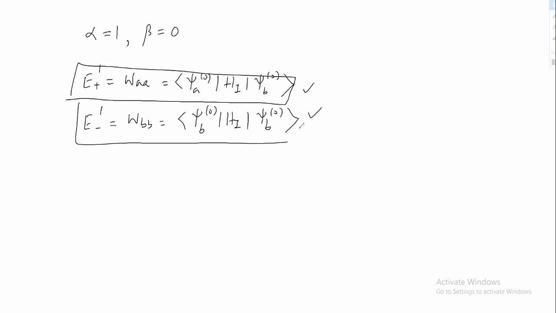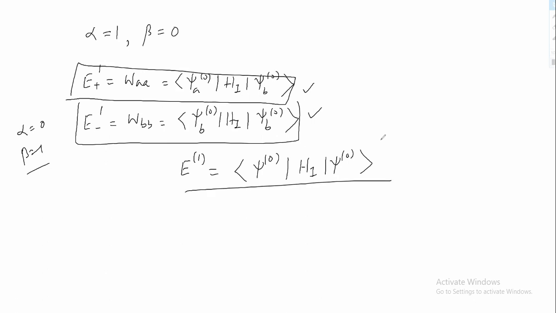When you consider alpha equal to 1, beta 0, or alpha 0, beta equal to 1, you get a result which exactly matches the non-degenerate case, where the result was psi 0 H I psi 0, the first order correction to the energy. The same result you are obtaining here.